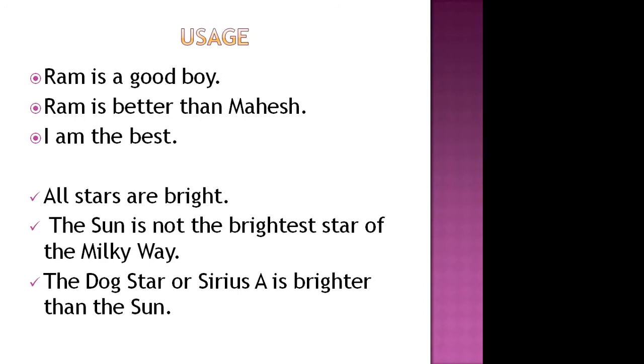So the name of our galaxy is Milky Way. The sun is not the brightest star of Milky Way. Okay. Which is the brightest star? The dog star or Sirius A is brighter than the sun. So it is more bright than the sun.